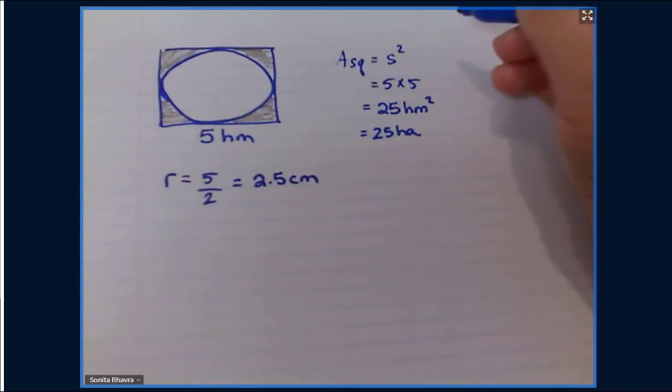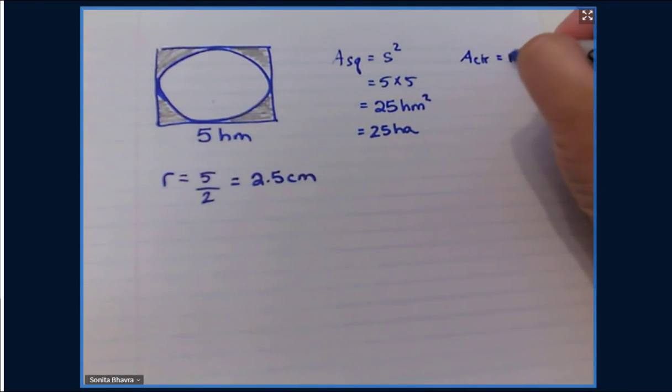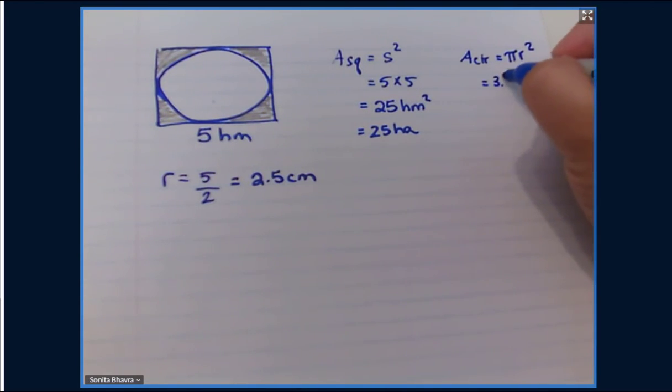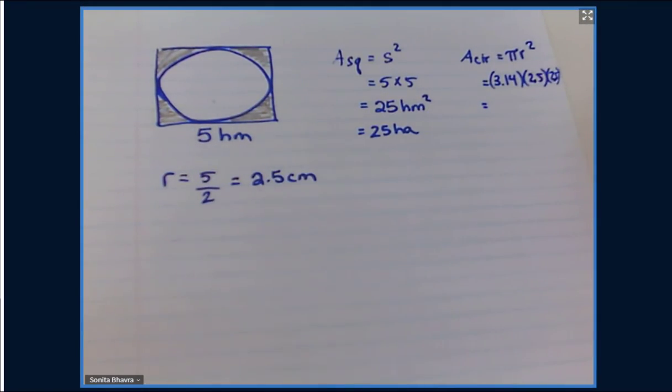So now that we have our radius, we can use that to figure out our area of the circle, which is pi r squared, which will be 3.14 times 2.5 times 2.5. Once you multiply that out, you get the area of the circle is 19.625.